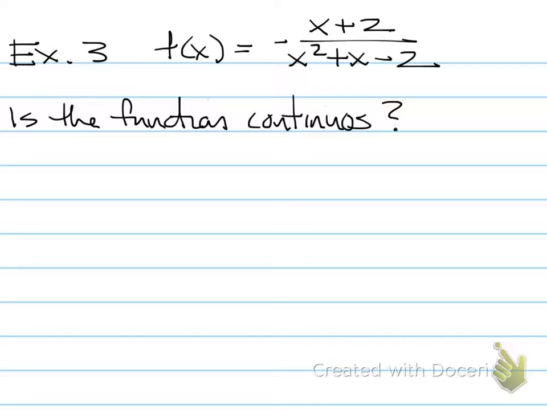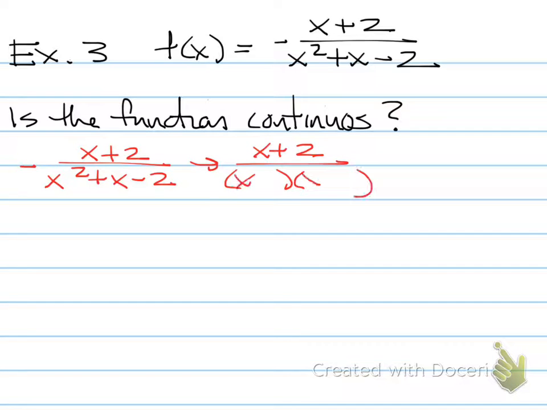First thing we want to do for this example is factor the denominator. Once we factor the denominator, we see that the x plus 2's will cancel, leaving us with 1 over x minus 1. So although we were able to remove one hole, x still cannot equal 1.